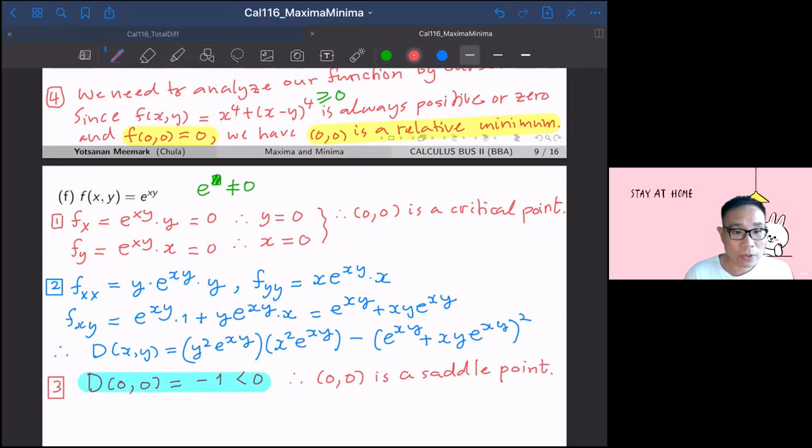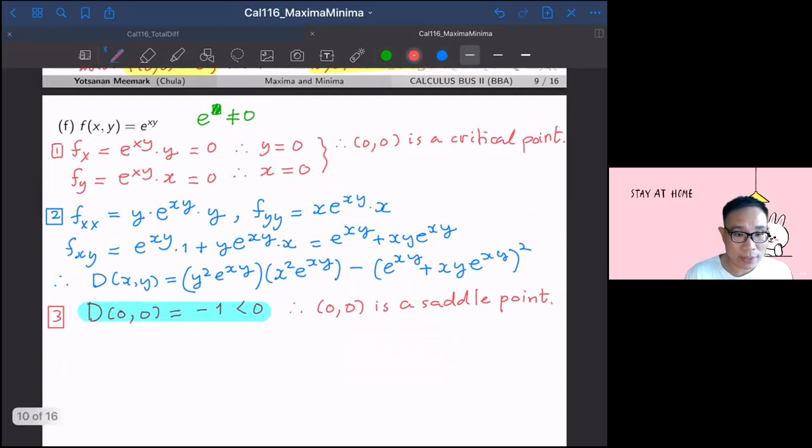Okay, so you conclude that (0, 0) is a saddle point. So we're going to conclude in the last step that f has a saddle point at (0, 0).